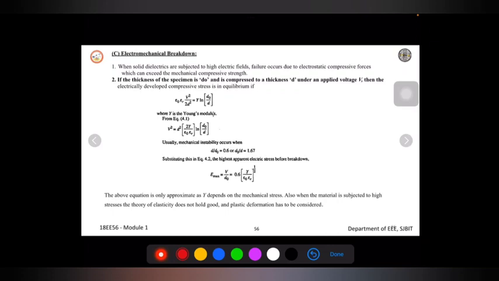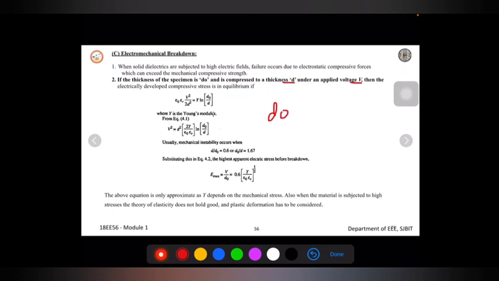Whenever this happens, the failure will occur within the solid dielectric. If I take the thickness of an insulating material, a solid dielectric, let the thickness be D naught, and it is compressed to a thickness D under the applied voltage V. With a high electric field, this thickness D naught will be compressed to D.